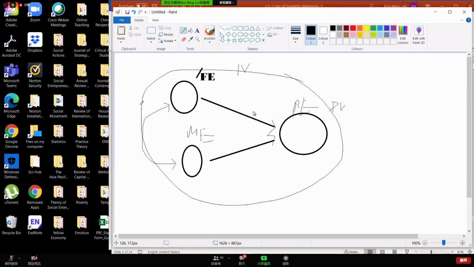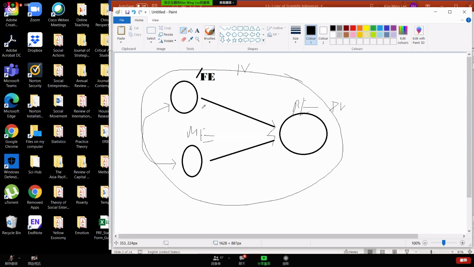So in this case, this is the whole theory, also a simplified version. Father's educational level affects respondent's educational level. Mother's educational level also affects respondent's educational level. And somehow father's educational level is correlated with that of the mother. So in this simplified status attainment theory, we have three theoretical statements.